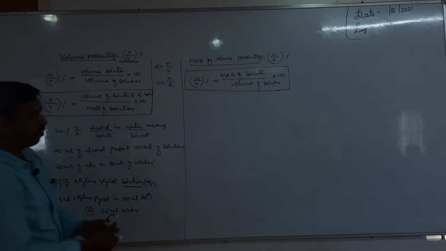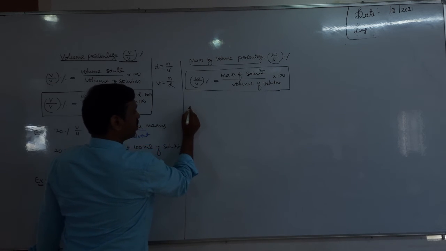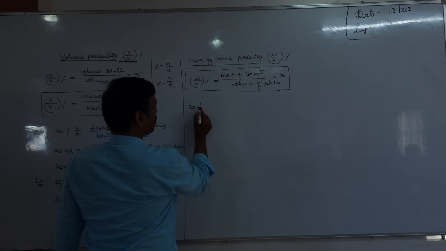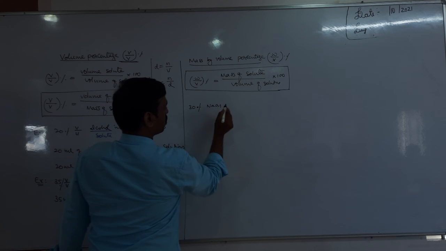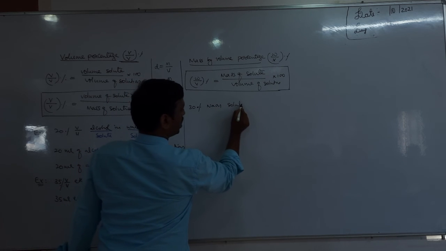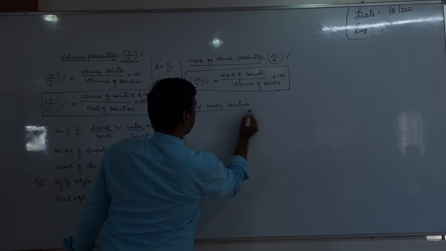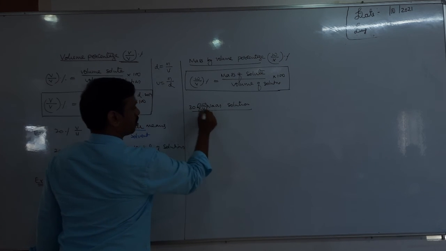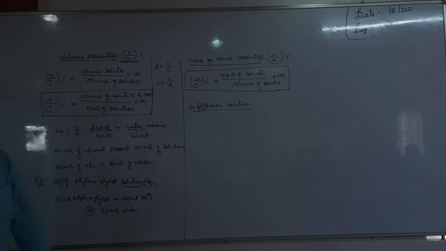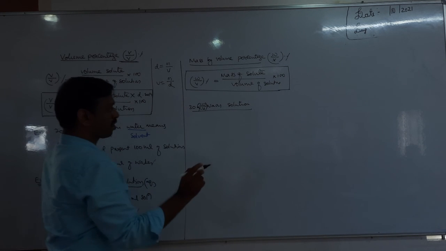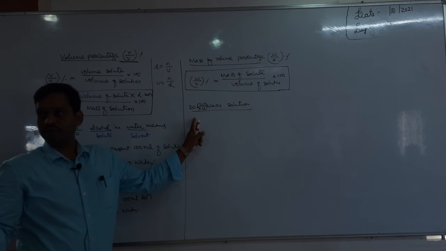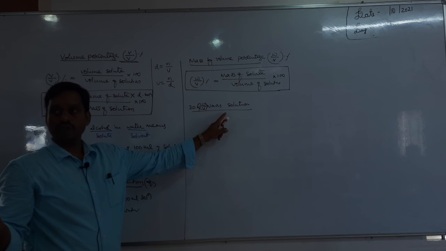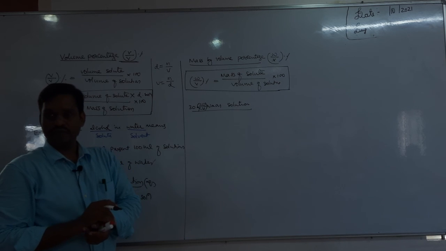For example, if I take 30% NaOH solution, what is the meaning of 30% W by V here? 30% W by V NaOH solution means 30 grams of NaOH present in 100 ml of solution.